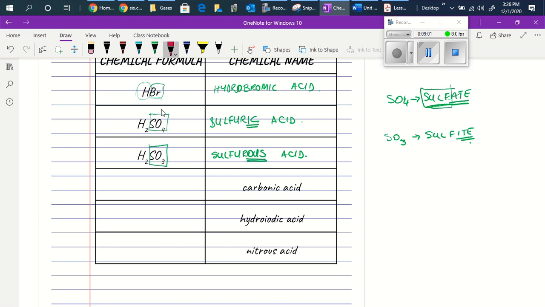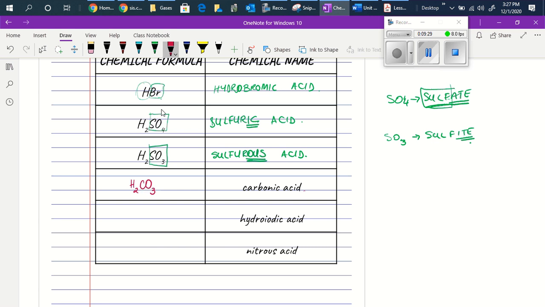Now, for carbonic acid, we will look at the polyatomic table and see that carbonic means we are looking for something that ends with ATE, so it will be carbonate, and the formula will be H2CO3.